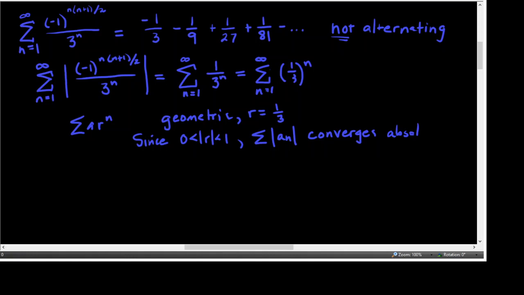Wait, let me back that up. I didn't say anything wrong, but I was writing it in the wrong place. So because the sigma of the absolute value converges, that means that sigma of a sub n, which was n equals 1 to infinity of -1 to the n times n plus 1 divided by 2 power all over 3 to the nth, converges absolutely.